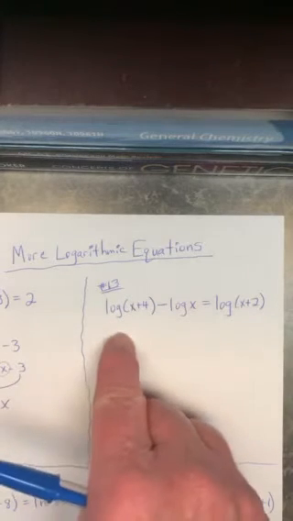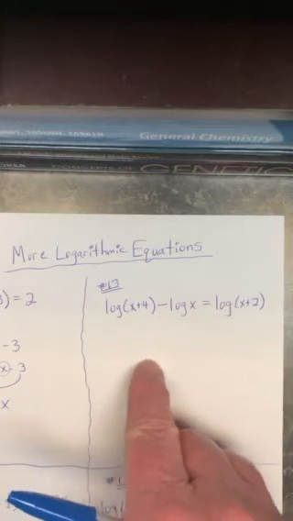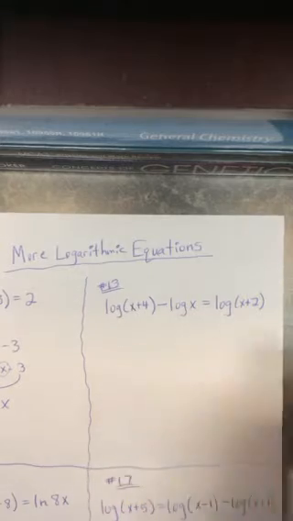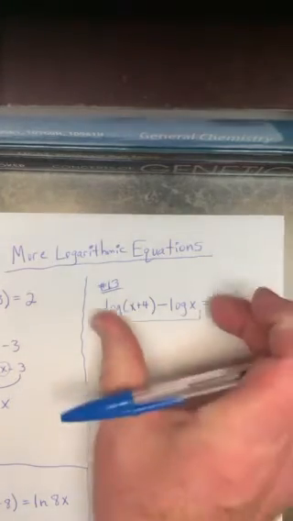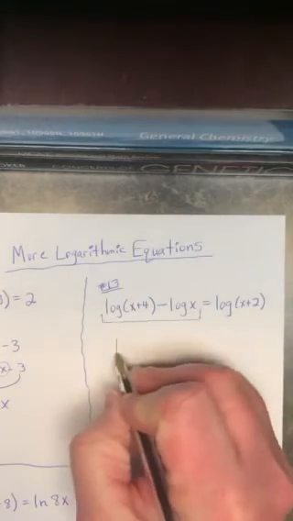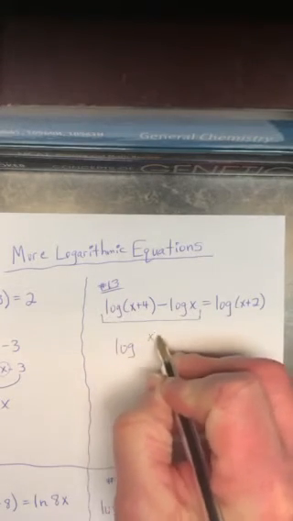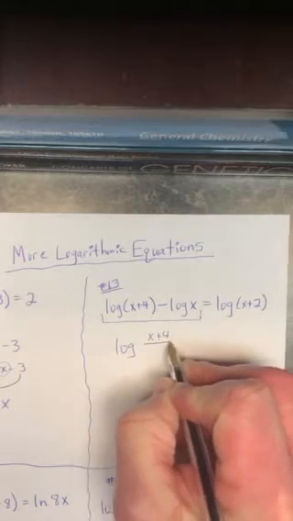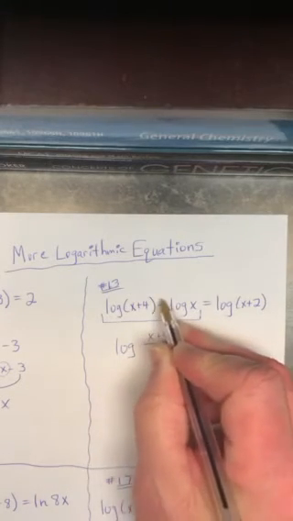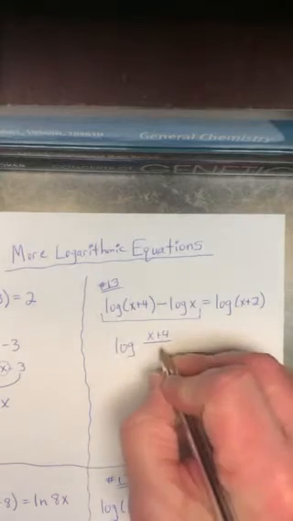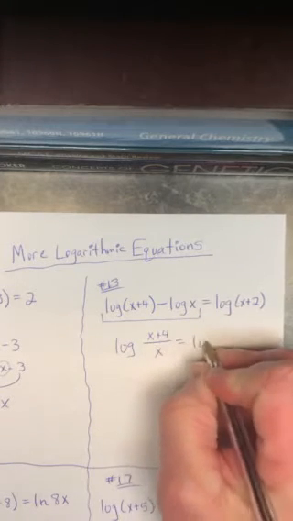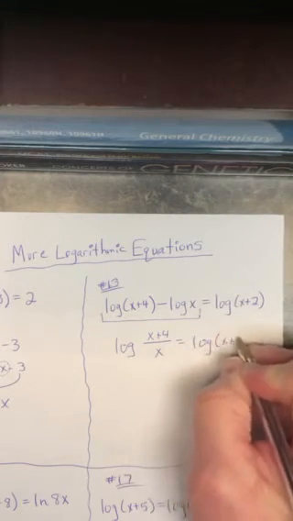The log of m over n equals log m minus log n. So guys, this left side of the equal sign, if I condense it, I've got the log of x plus 4 over, because that's a minus sign, I make it a division problem, x plus 4 over x, equals the log of x plus 2.